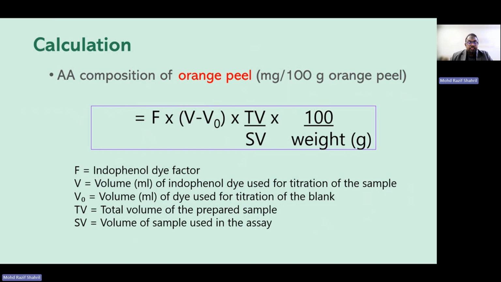You will then plug that 0.26 F value into the orange juice or orange peel formulas alongside the specific titration volumes you recorded from your assay to find the final milligrams of vitamin C.